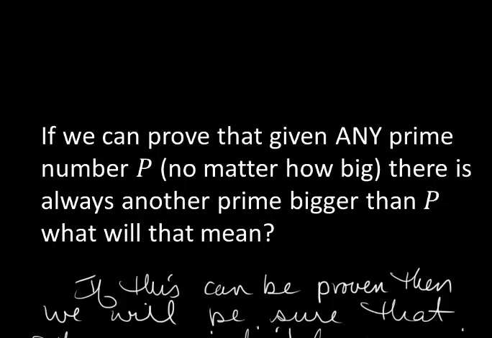If there's always one bigger, then there are infinitely many. There's no end. Think about it. If there's always one bigger, then there is no biggest, and therefore there has to be infinitely many. Make sure that that makes sense to you.